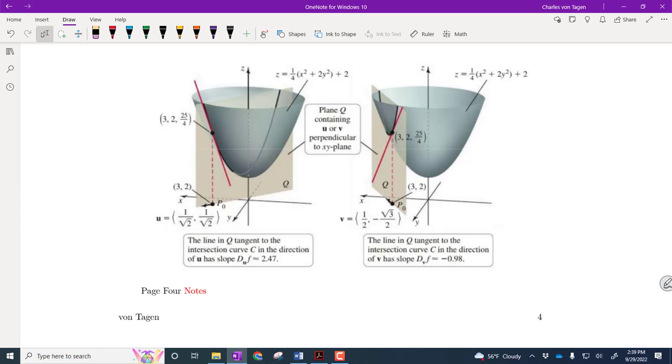The only reason I'm saying approximately is that this is an instantaneous rate of change, and through the process of taking that one step, the instantaneous rate of change actually changes as we go. Roughly speaking, if we're on this piece of terrain and we took one step in this direction, I would expect my elevation to change by about 2.47 feet. Positive, so I'm going uphill as I step in that direction.